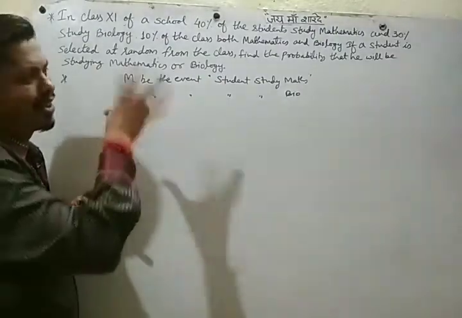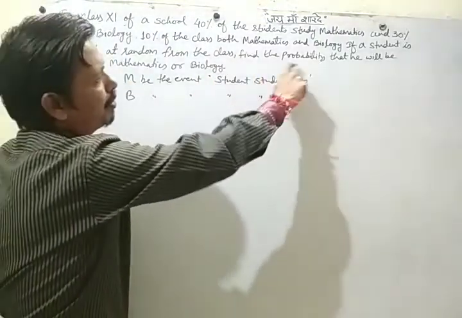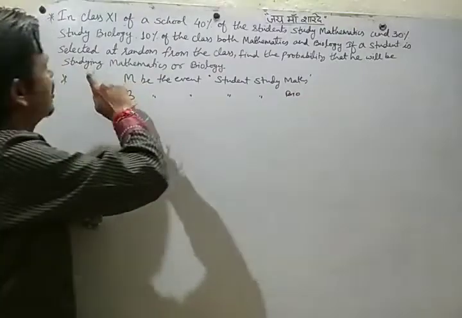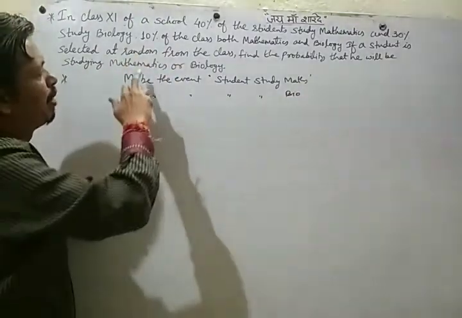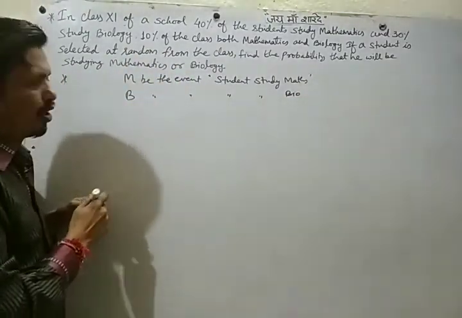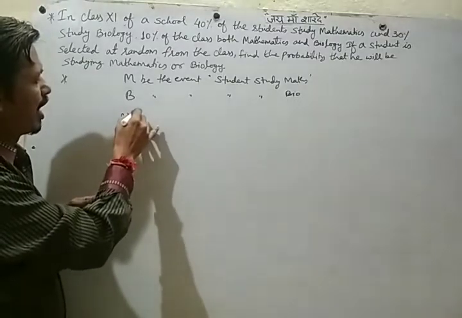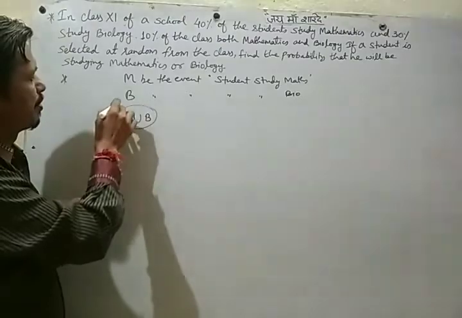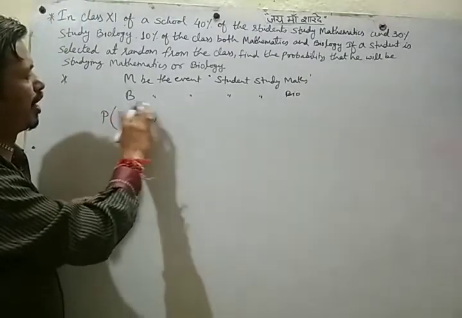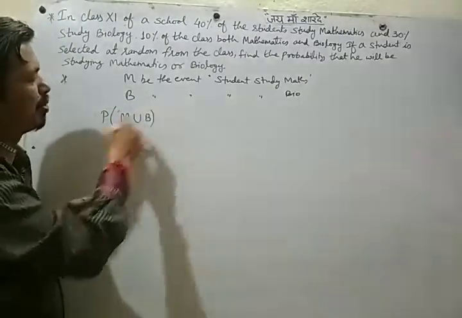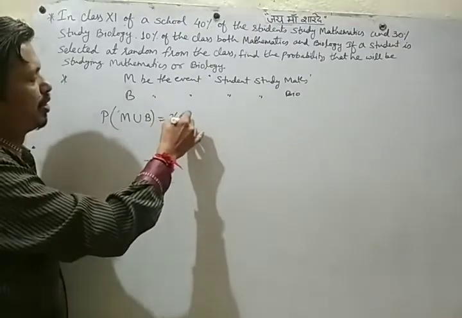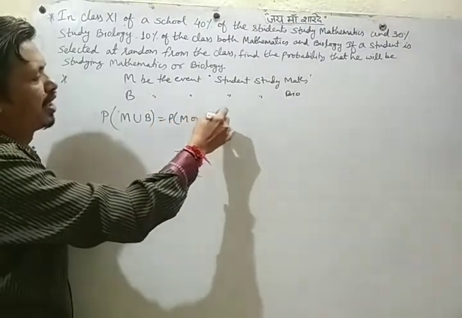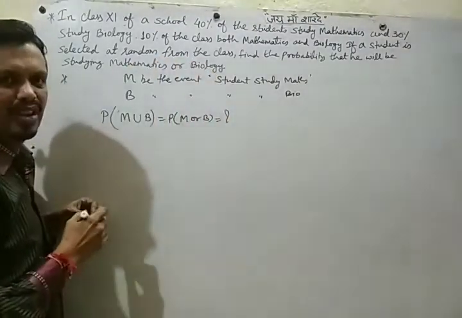So if we use set notation, he studies mathematics or biology, so for this it will be M or B. So its probability, we need the probability of M union B, or M or B. This is what we need. This is missing, that we need.